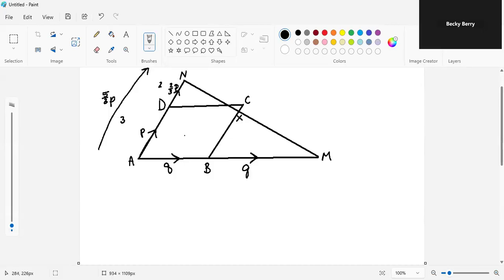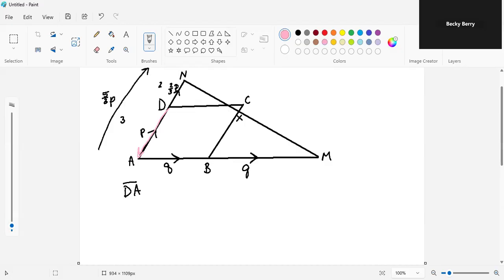Now, can we write the rest of these segments in reference to these vectors that we are given? DA goes from D to A, which means we're going against P, but in the same magnitude.